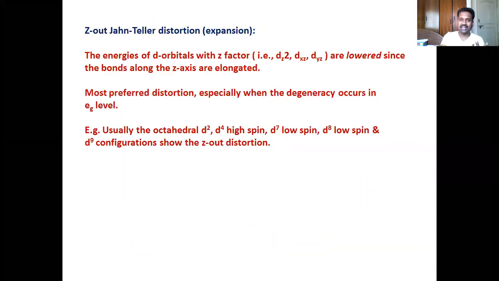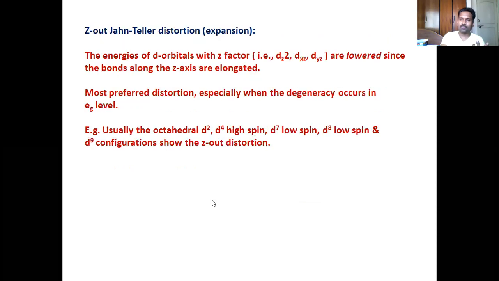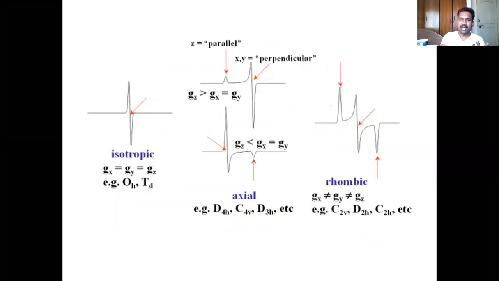Let me show you the hint again. When electrons are in dz square, G parallel is more. So GZ is higher here. So this spectrum should correspond to Z out. When the electrons are in dz square, which type of distortion?